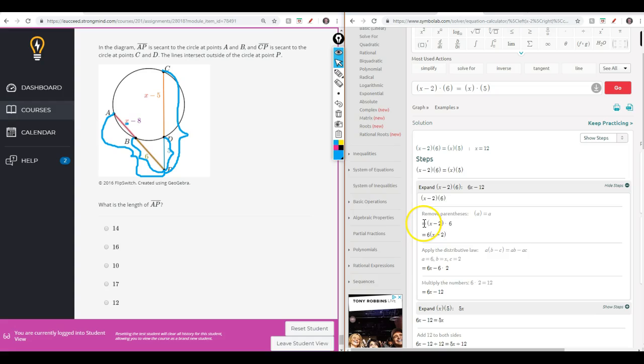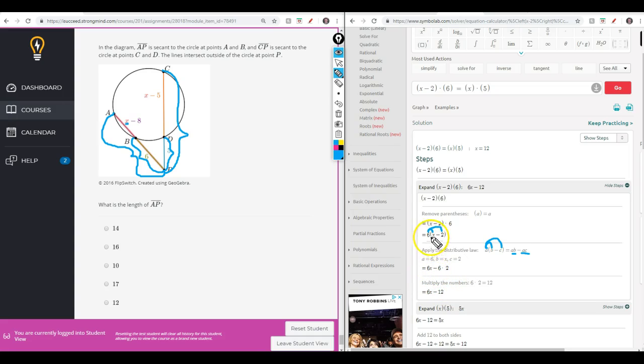So this is saying that we can use the distribution law, which means that the first is multiplied to both terms in the parentheses. So that's where we have the a times b and the a times c. So on this we would have 6 times x and 6 times negative 2.